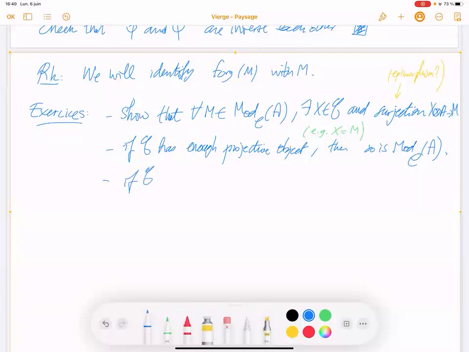If C is finite, which we also recalled recently, then so is mod CA.